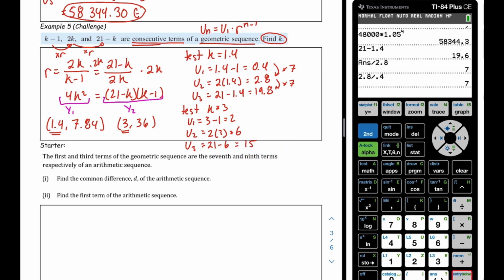So let's see if this works. 2 times 3 is 6, 6 times 3 is 18... this also works perfectly. So we have two possible values of k that will give us geometric sequences. So k can either be 1.4 or k can be 3 in this situation. And this was our challenge question for today.